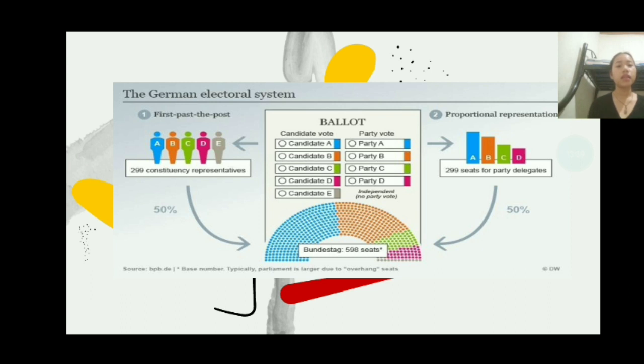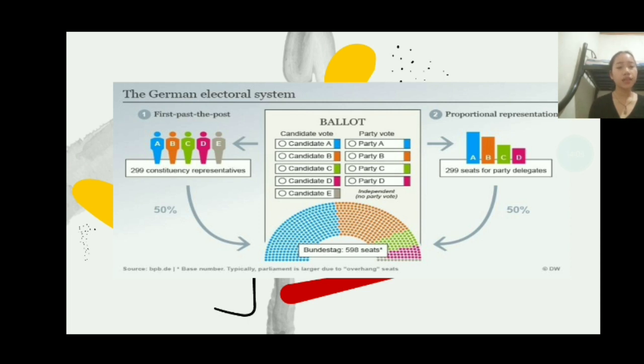The German electoral system. The first past the post, in the first vote, has 299 constituency representatives. And on the right side is the proportional representation, in the second vote, which comprises 299 seats for party delegates.